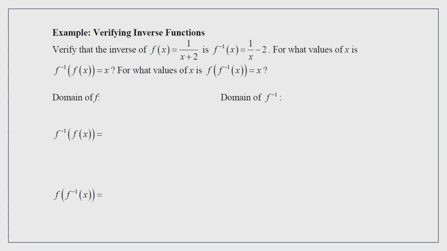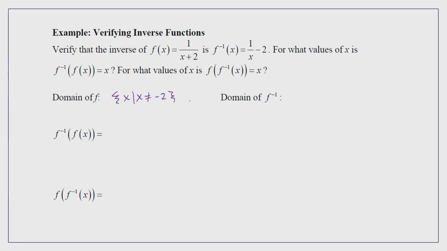So both contain ratios, and we know that when we contain ratios, our denominator cannot equal 0. So we need to find the values of x that make our denominator 0. So for f of x, our denominator is x plus 2. So in order for that to equal 0, x would have to be negative 2. So the domain of f is going to be all x values except for when x equals negative 2.